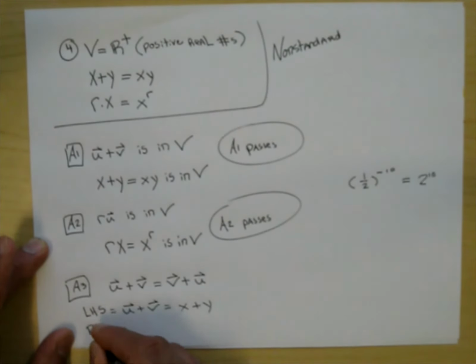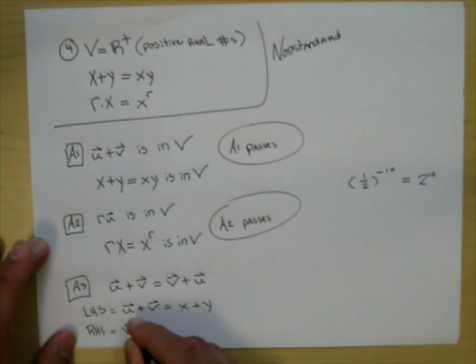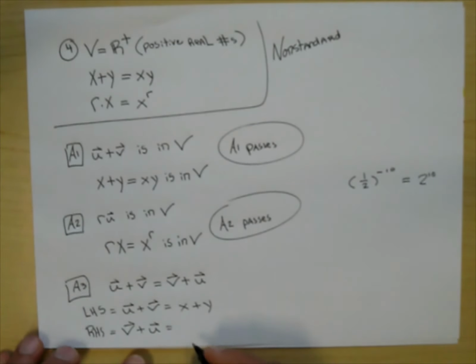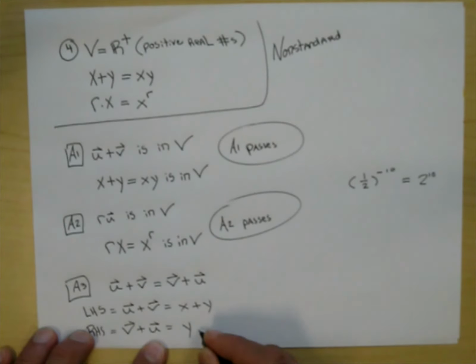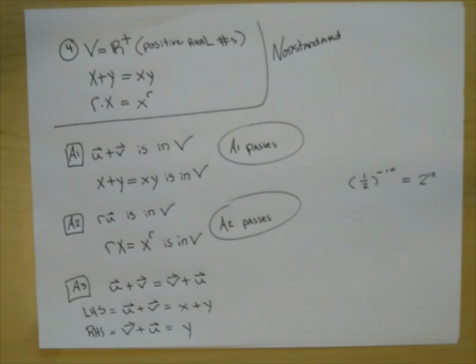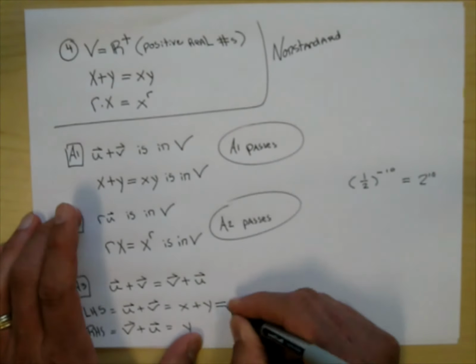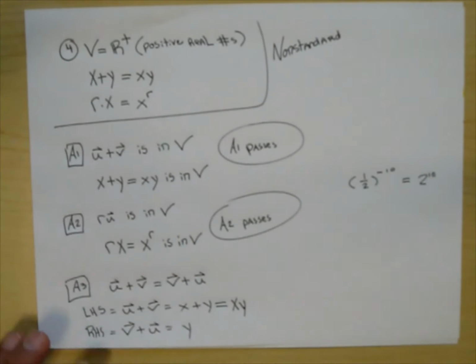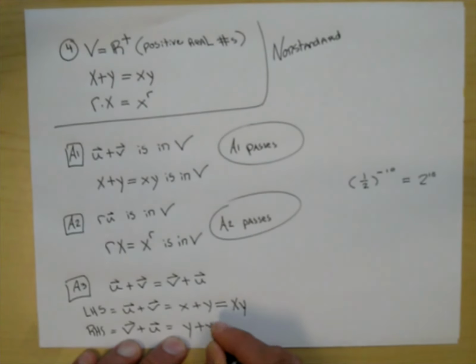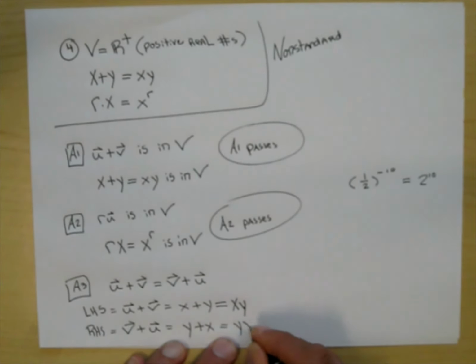And the right hand side says, oh, we're going to do this the other way, V plus U, which is really Y. Did I say plus? Whoops, I messed this up. U plus V is X plus Y. I didn't go the full way, so this is XY. Sorry about that. And then this is Y plus X, which is YX.